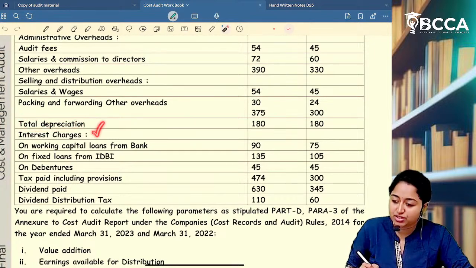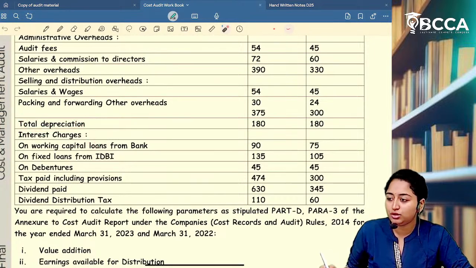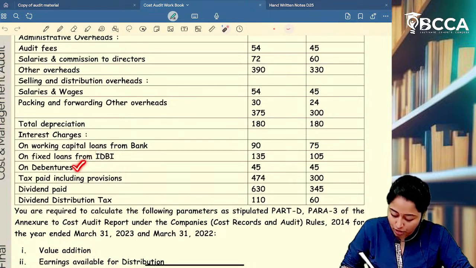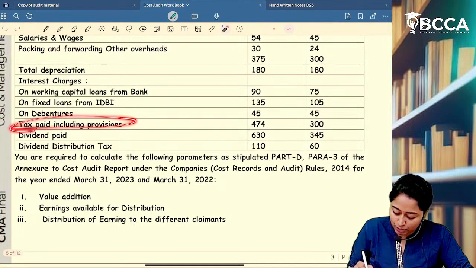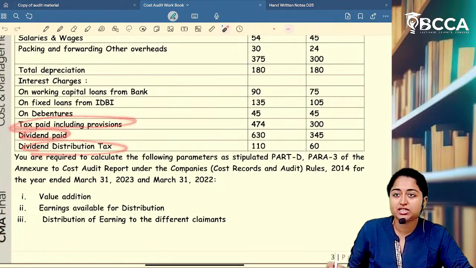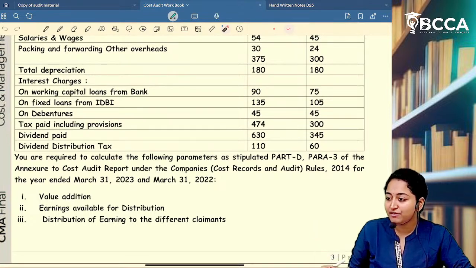Coming to interest charges, there is interest on working capital loan, interest on fixed loan from IDBI, and interest on debentures, tax paid including provisions, dividend paid, and dividend distribution tax. These are the contents of the financial statements given to us.